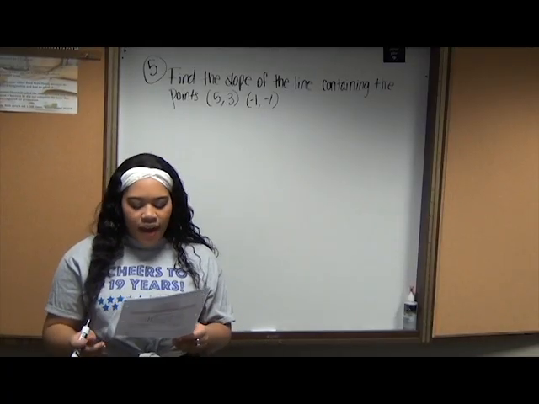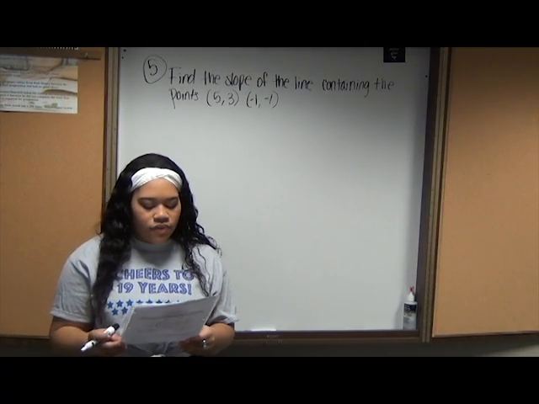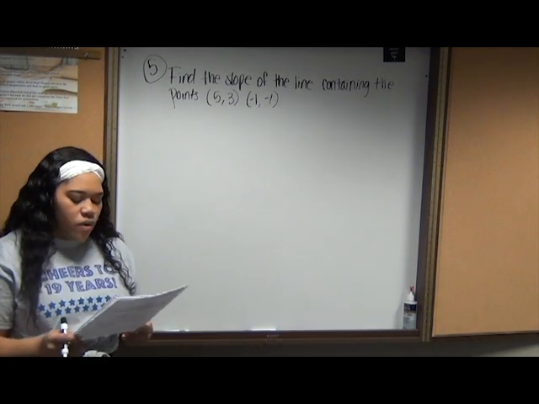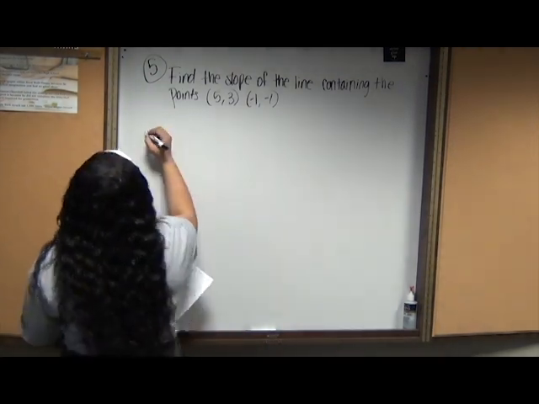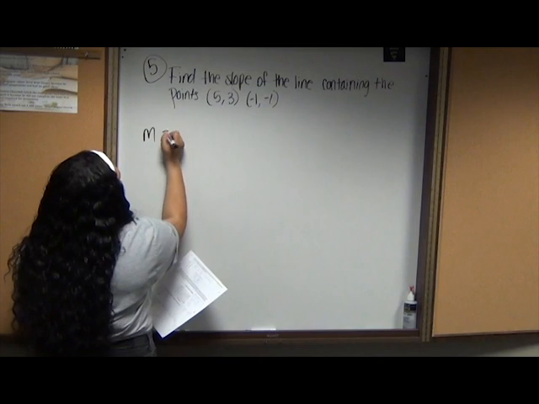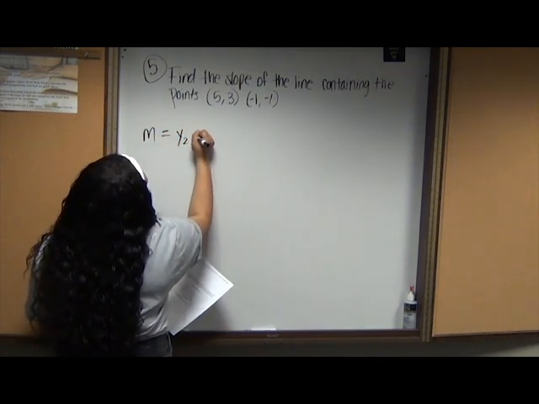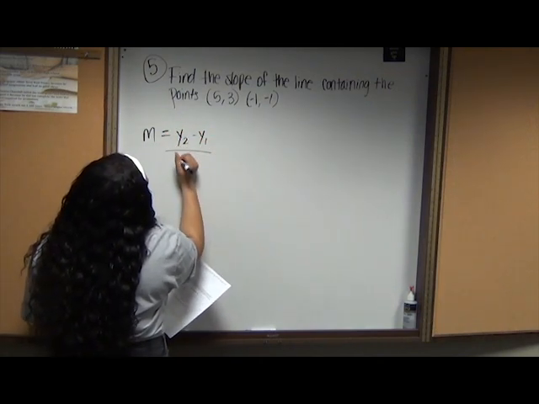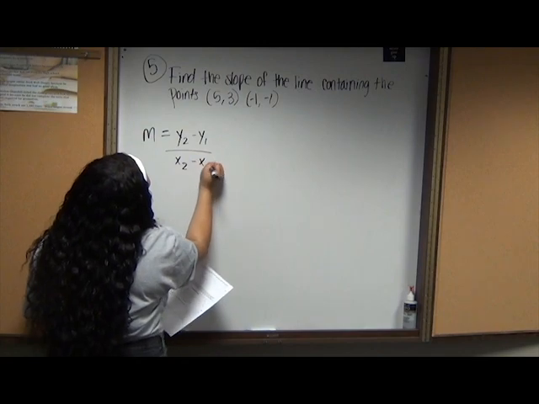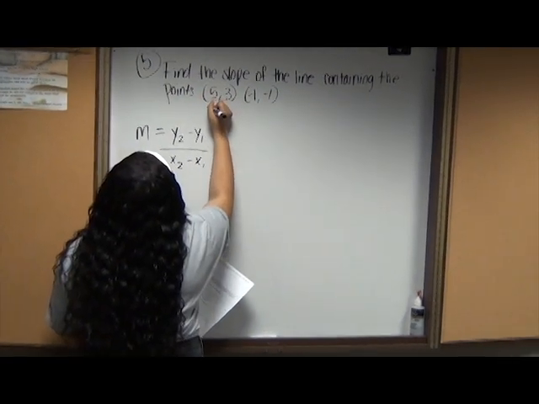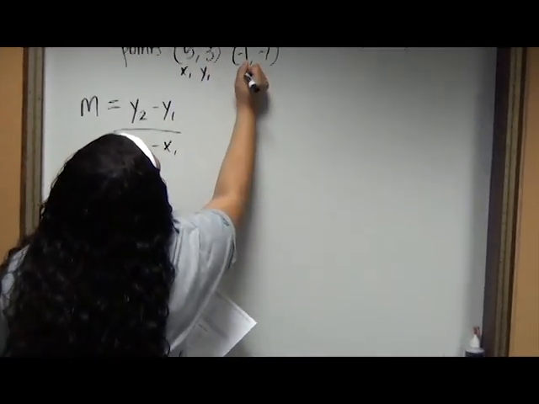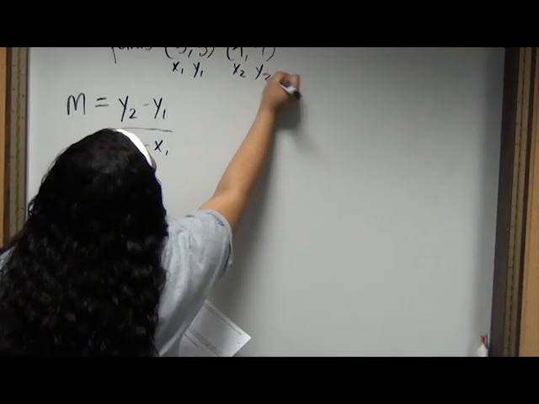Number 5 says, find the slope of the line containing the points (5, 3) and (-1, -1). So to find slope, which is represented by m, is equal to y2 minus y1 over x2 minus x1. So let's label this x1, y1, x2, y2.